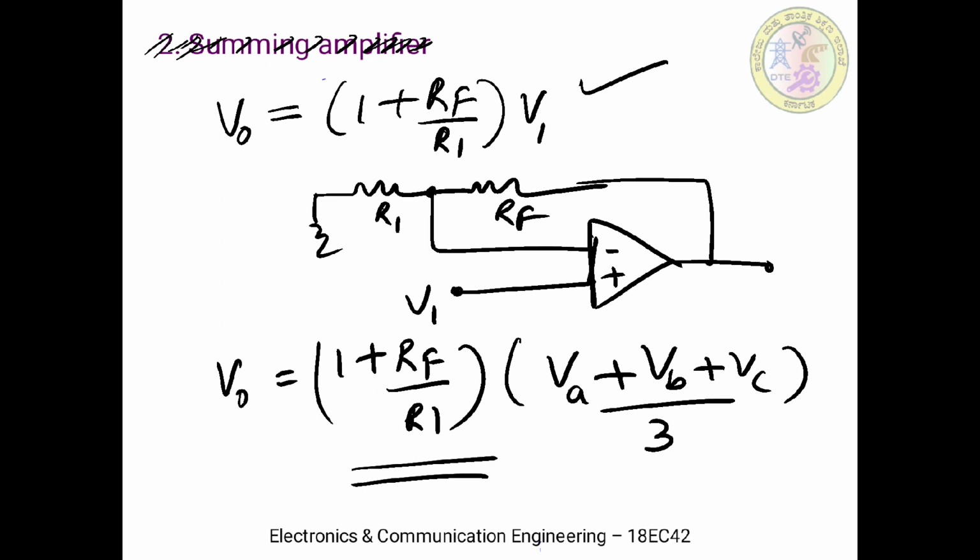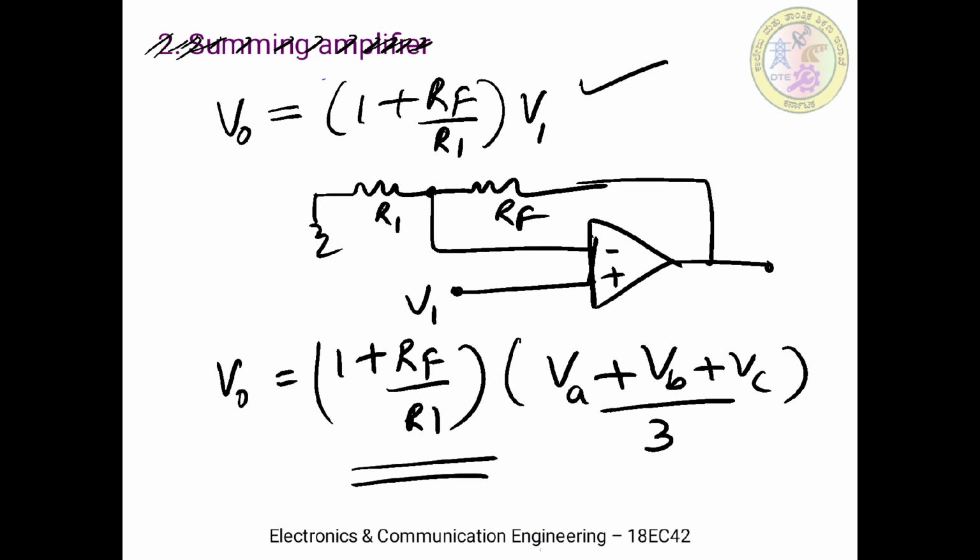It is not only the average; the average is again multiplied by the gain of the circuit. If 1 plus Rf by R1 is made equal to 1, depending on the application, then V0 is simply the average of the 3 inputs.